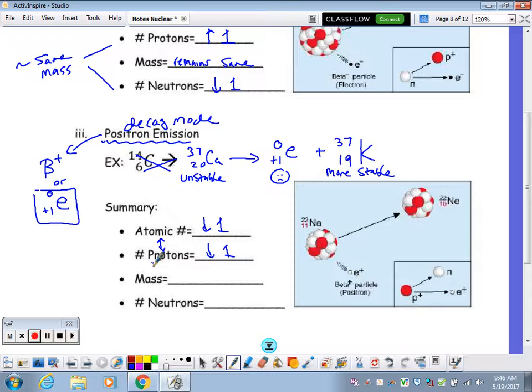The mass, notice that the calcium has a mass of 37. The new, more stable structure also has a mass of 37, so it remains the same. So the proton number changed, the mass is constant, so we need to figure out what happened to the number of neutrons.